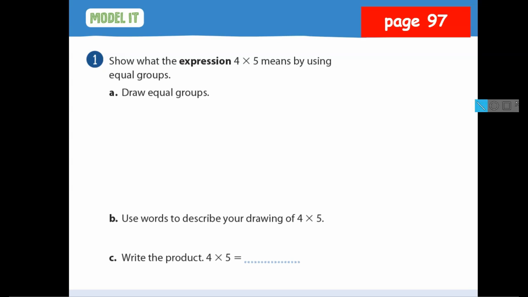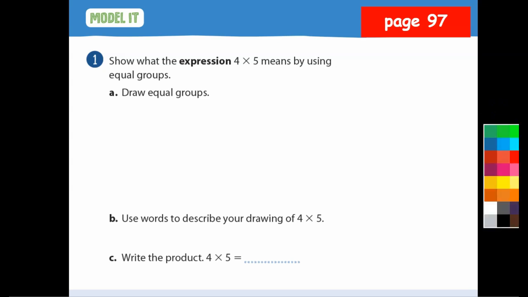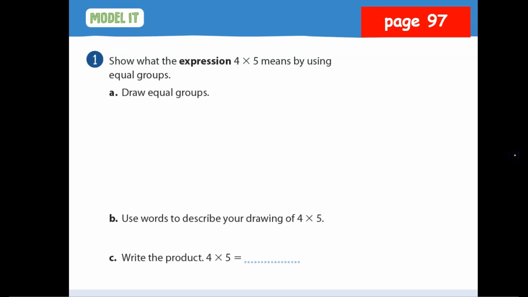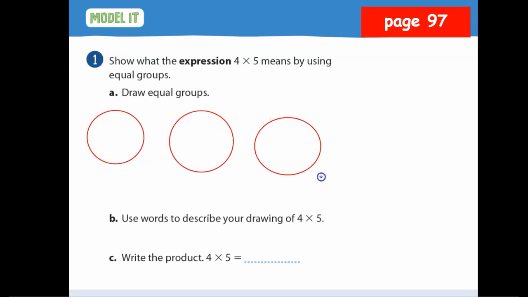So the first number tells me what? Tells me how many groups I need. So how many groups do I need? 1, 2, 3, 4.